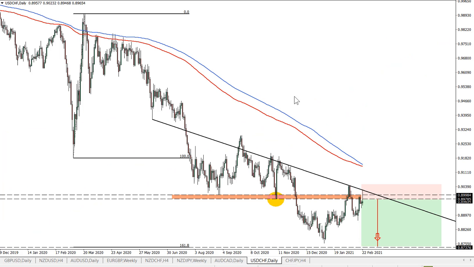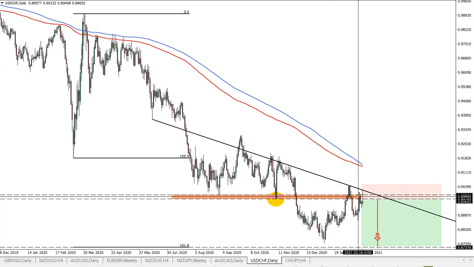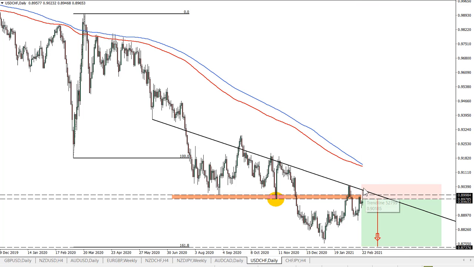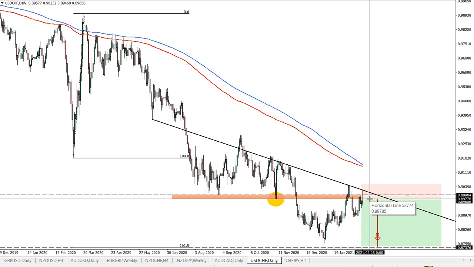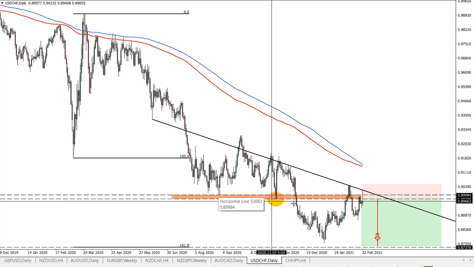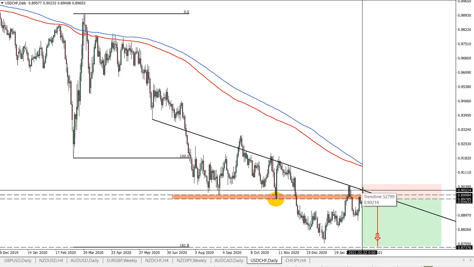And now we are moving to the dollar against the Swiss franc, where we see yet another rejection of the downtrend trend line. Very clean bounce. So the analysis we posted suggested that the price will continue declining. We see that this previous support area acted as the resistance this time, as well as the bounce off the trend line.